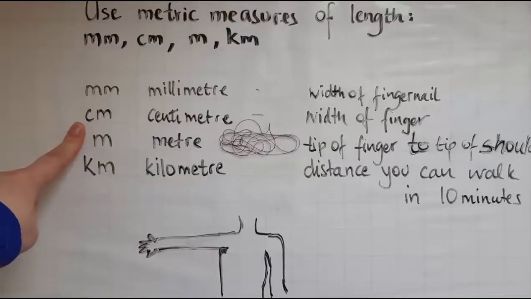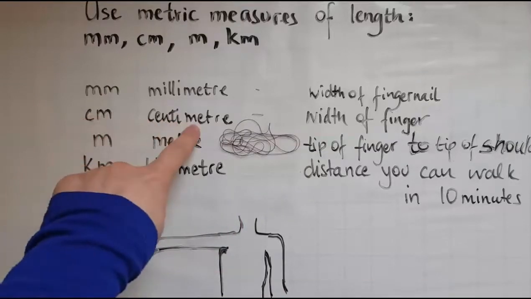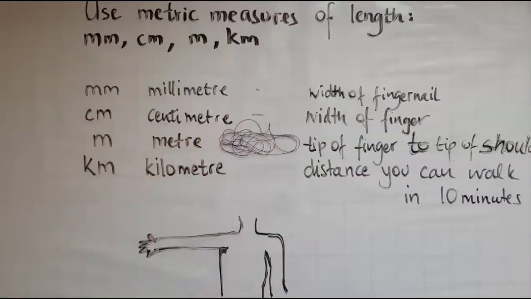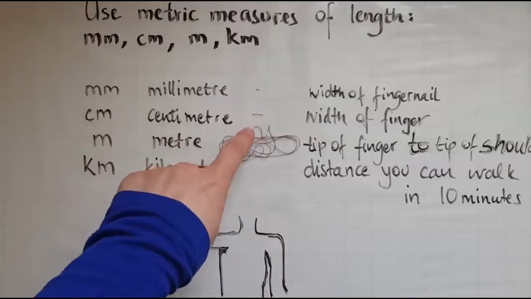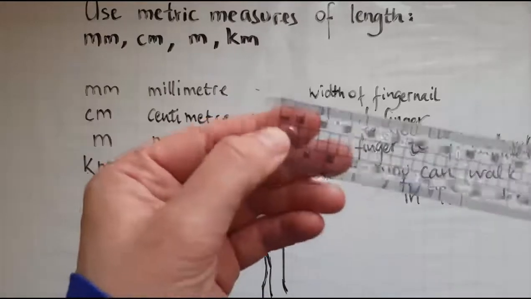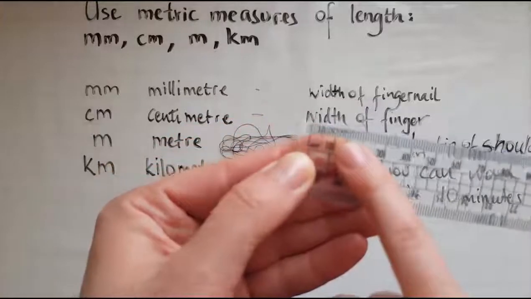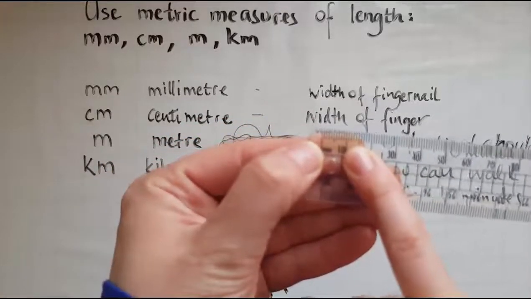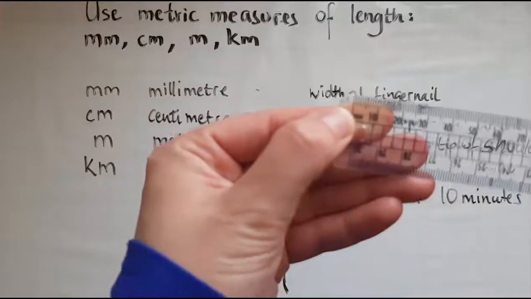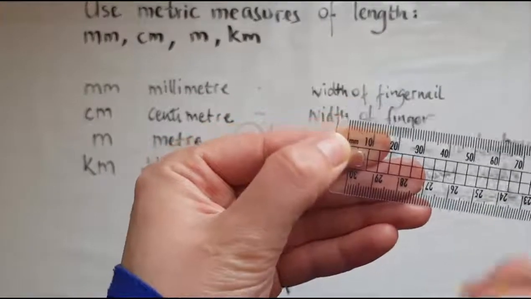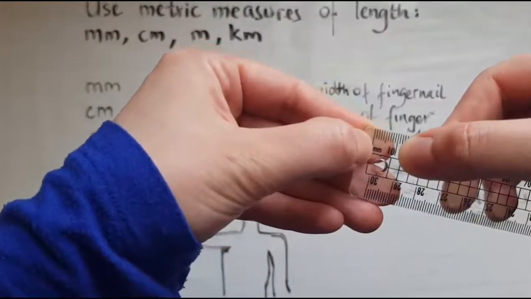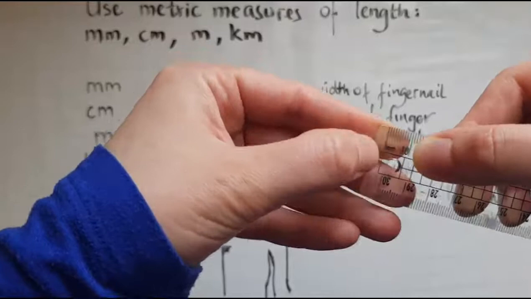Centimeter, that's the short form and that's the long. So C is for centi and M for meter. I've again cut a small string about 1 centimeter. So this is 1 centimeter, represented by the longer lines here. You've got that 10 in there to show it's 10 millimeters.